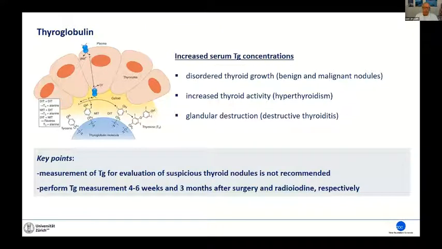Of practical interest in our activity with DTC patients, thyroglobulin measurement is to be performed 4 to 6 weeks after surgery and about 3 months after radioiodine. Otherwise, falsely increased thyroglobulin levels may be detected.